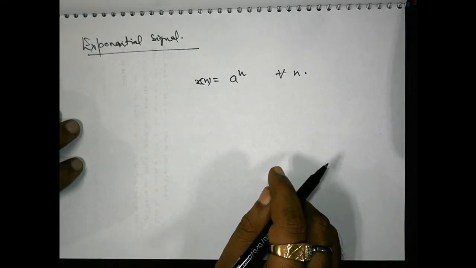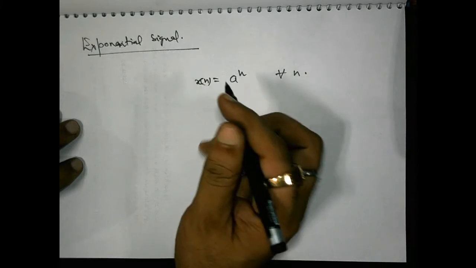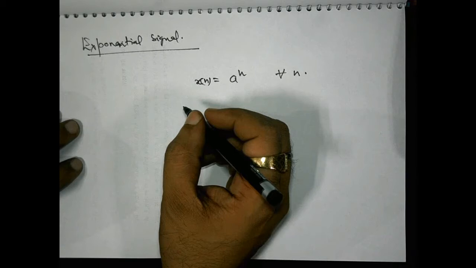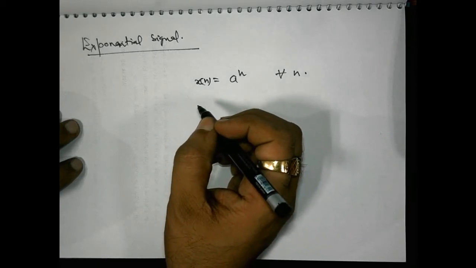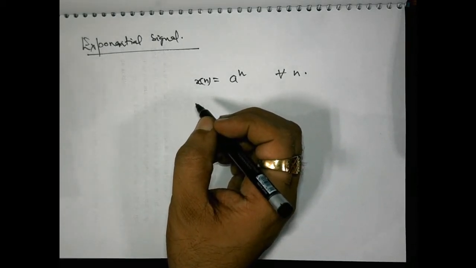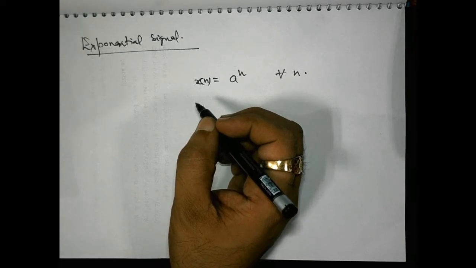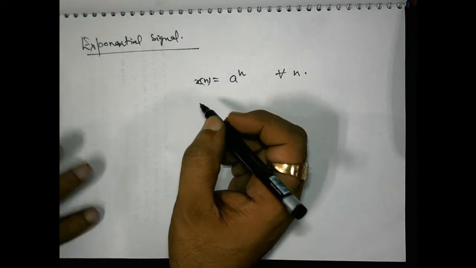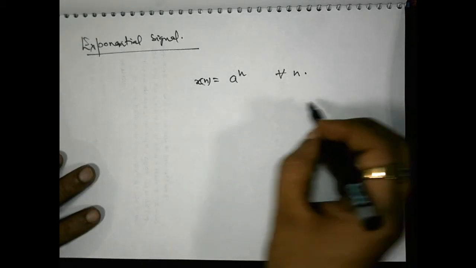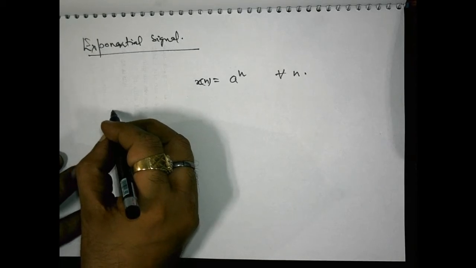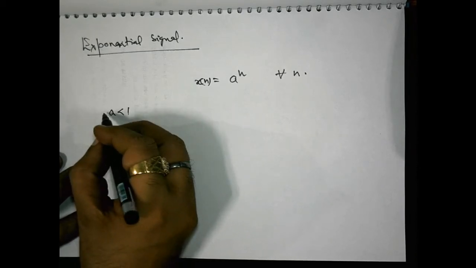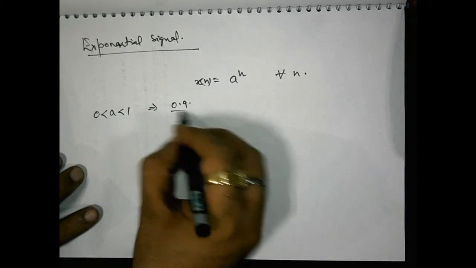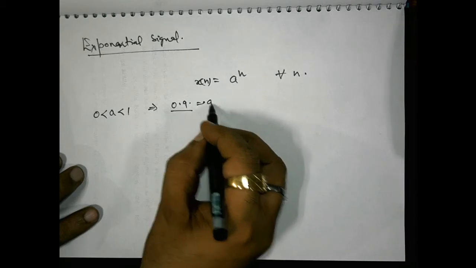If a is a real parameter, then x[n] is a real signal, but since a is a real parameter, it can attain many possible values. So we will make 4 different classes of values which a can attain. The very first class is the situation in which a is less than 1 but greater than 0. Just for imagination, suppose a is equal to 0.9.